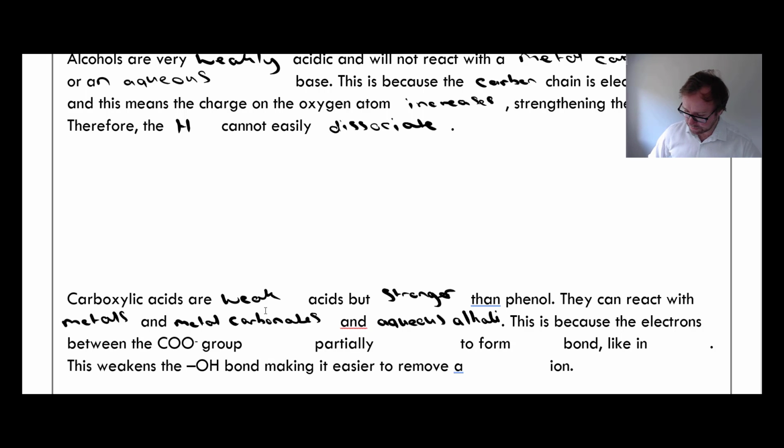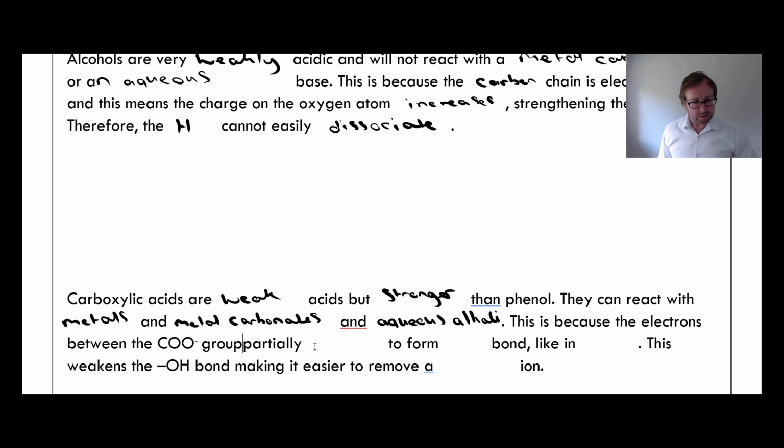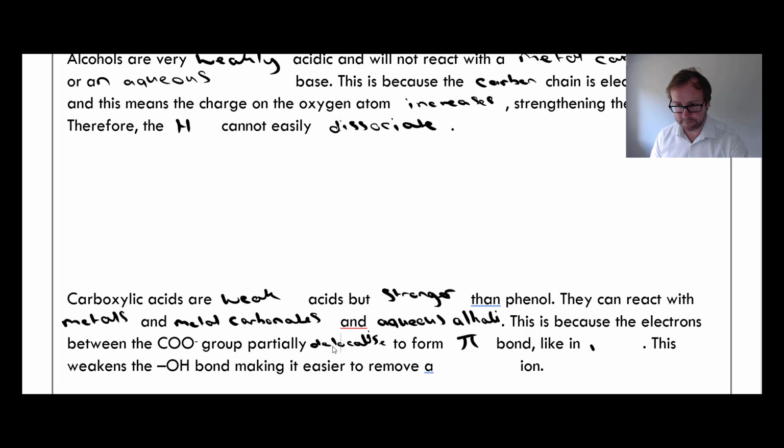And this is because the electrons between the C double bond O group partially delocalize to form a pi bond, like in phenol. This weakens the OH bond, making it easier to remove a H plus ion.